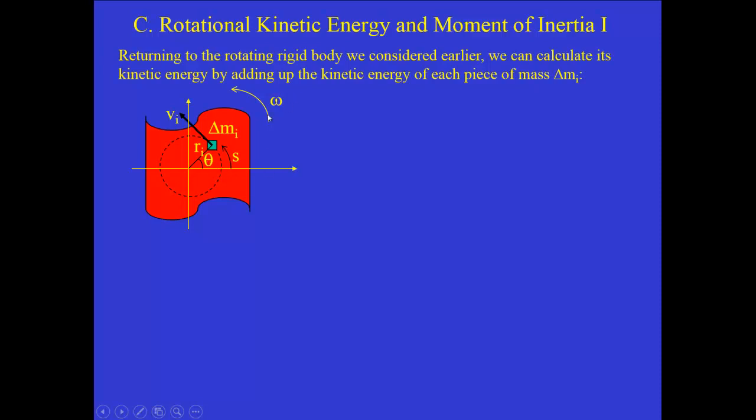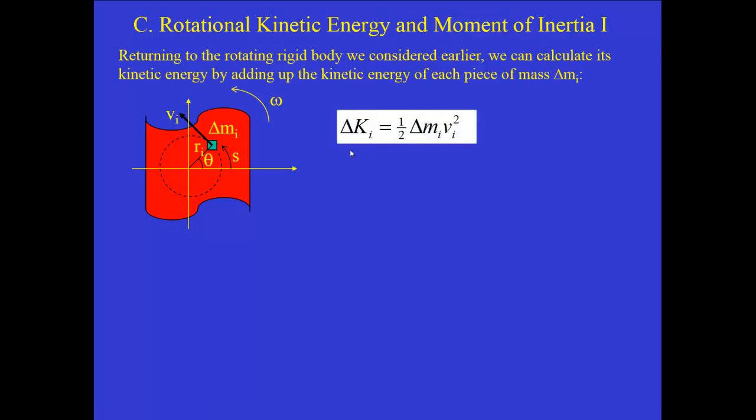And we're going to assume that this object is rotating at a constant angular velocity omega, so that the relationship between v and omega tells us that the velocity of that piece in the tangential direction, of course, as the object rotates around that axis, that speed v is equal to the radial distance r times omega. So we'll use that in just a minute.